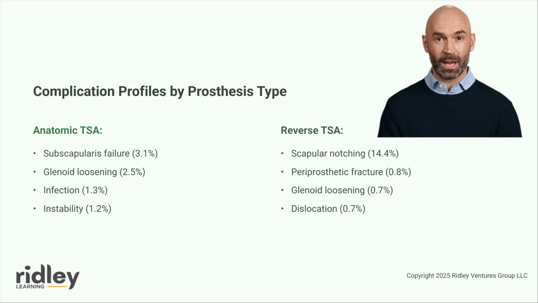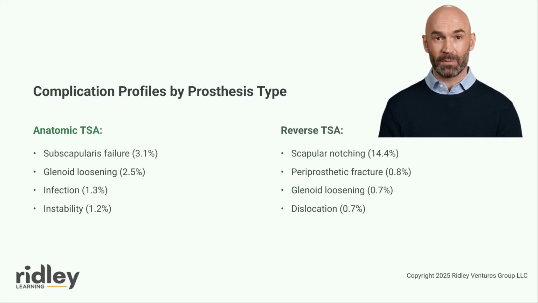A 2023 analysis of the National Readmissions Database, including over 180,000 shoulder arthroplasties, found that 30-day and 90-day readmission rates were 3.63% and 7.76% for reverse arthroplasty and 1.92% and 4.37% for anatomic arthroplasty, respectively. The leading causes of readmission are prosthetic dislocation and infection for both procedures, highlighting the importance of early identification and management of these potentially catastrophic complications.